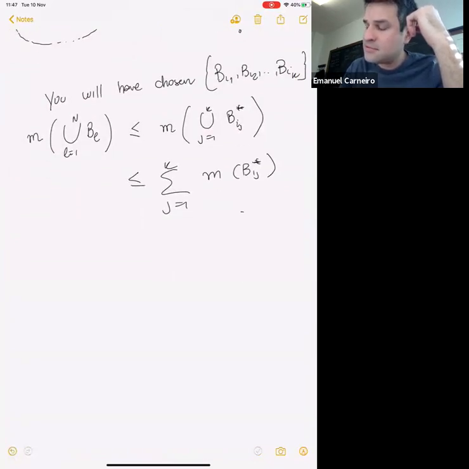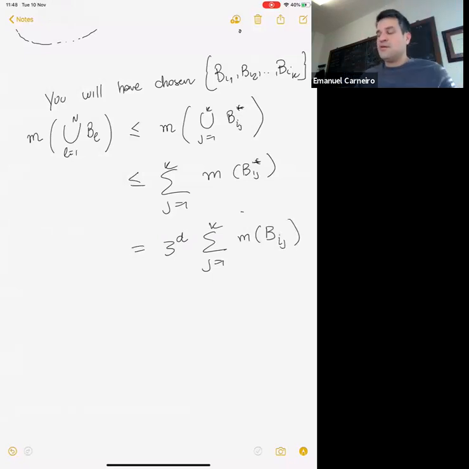And now the measure of BIJ star is just 3 to the D times the measure of BIJ, so the sum from 1 to K of 3 to the D times the measures of BIJ, right? If you have a radius that is 3 times the radius of the other ball, the Lebesgue measure will be multiplied by 3 raised to the dimension, 3 to the D.